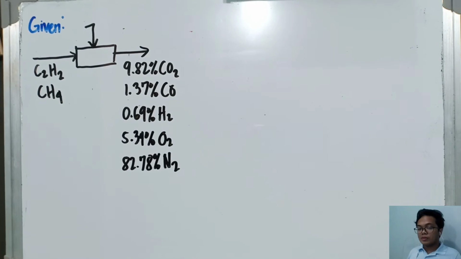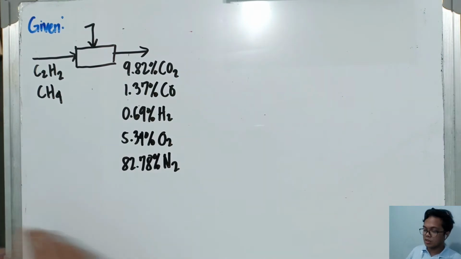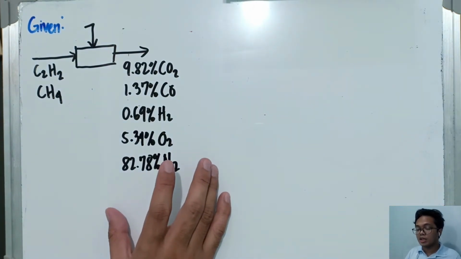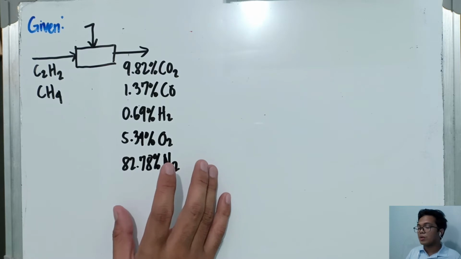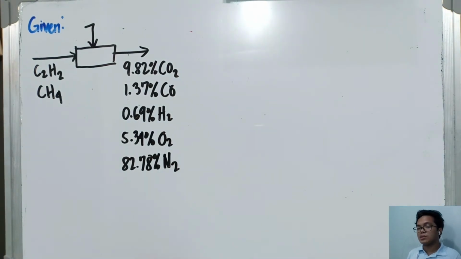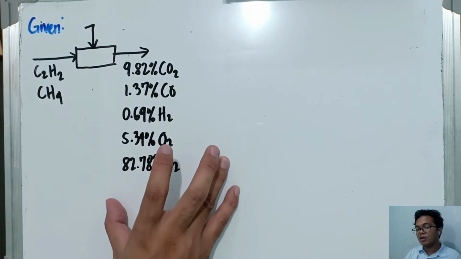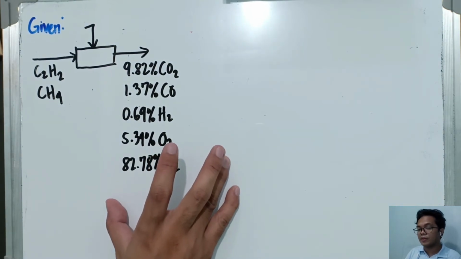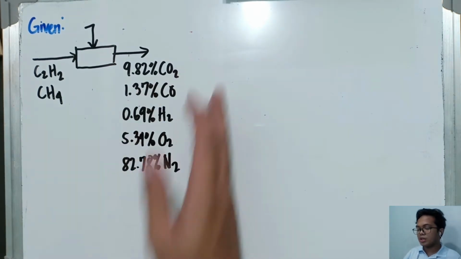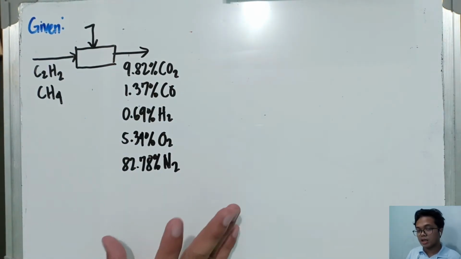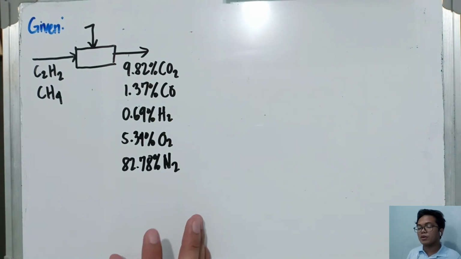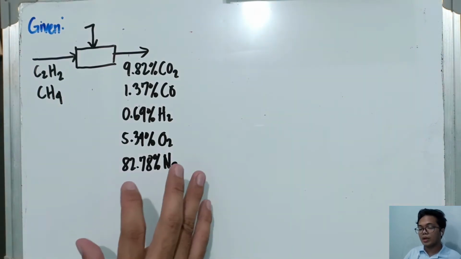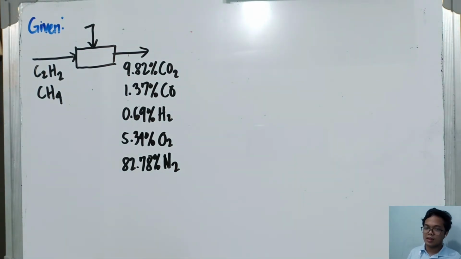The first thing we have to do, always, is make sure that the given percentages of the product gas total 100%, especially for case 2. We can find out if it's case 2 if there is a given on the right side, or the product side, of our combustion reaction. If we total this, we reach 100%, so the full ORSAT analysis is given to us. We don't have a missing water or anything else, so we can immediately jump right into answering the problem.